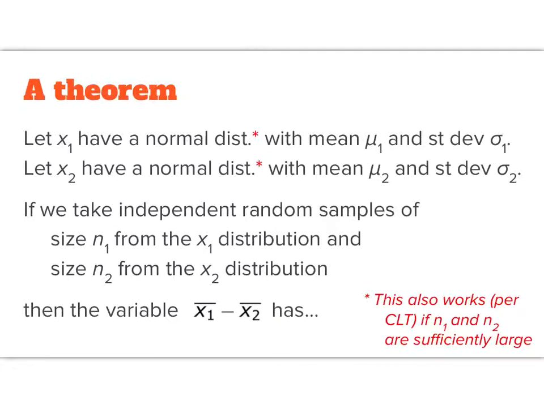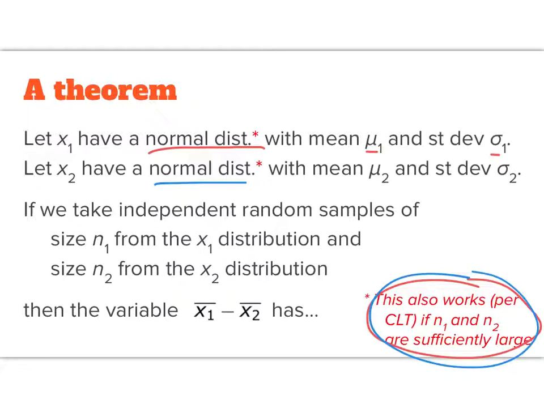We'll define x1 as having a normal distribution, or, according to the central limit theorem, if we're letting the sample size be sufficiently large. x1 has a mean of mu1 and a standard deviation of sigma 1. And x2, again, normally distributed, or we have a large enough sample size, where the mean is mu2 and the standard deviation is sigma 2.